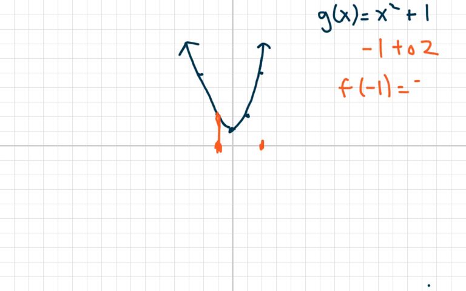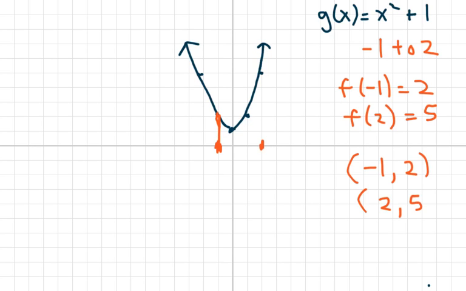So we can plug it in. So that goes to 2, and g of 2 we know goes to 5. So we know our 2 points are -1 goes to 2, and 2 goes to 5. Okay, so there are the 2 points. We also know that our secant line connects these 2 points.